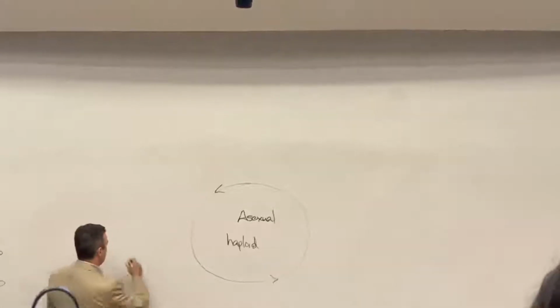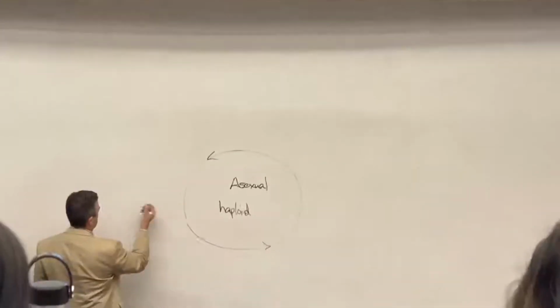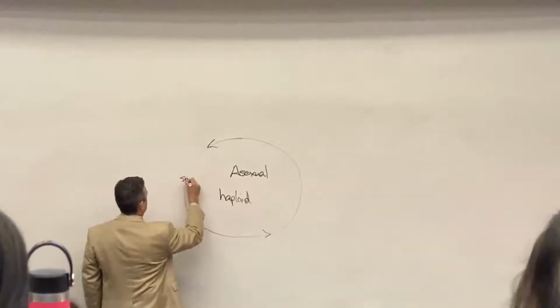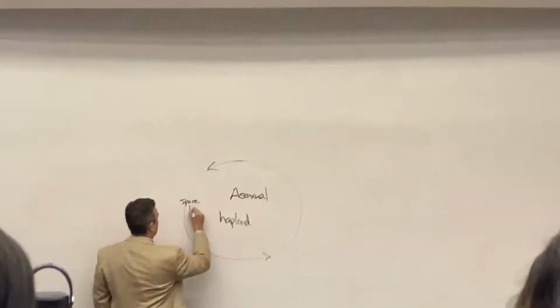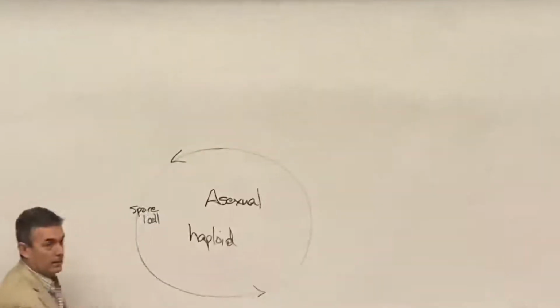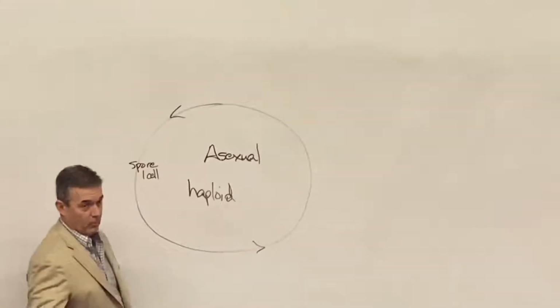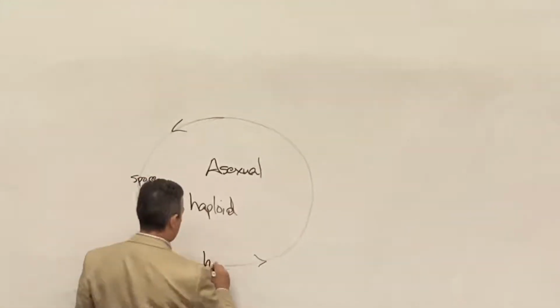What this really means is you can start with a single spore. We'll start at any point, we call this a spore. This is a single cell that is haploid. That spore lands somewhere and germinates to produce hyphae.